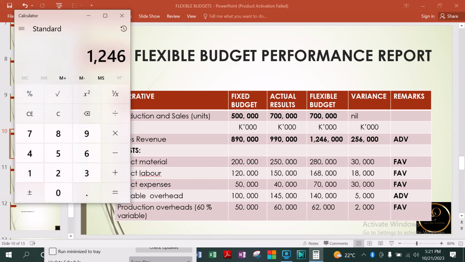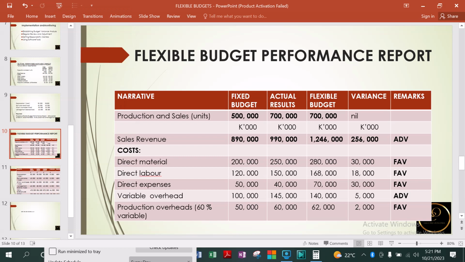You are going to get 1,246,000 kwacha as the new sales revenue under the flexed budget. So that's what you do. You get the kwacha value divided by the quantities, you get the selling price per unit, then multiply by the new unit level at the flex budget of 700,000, and you get 1,246,000 kwacha under the flex budget.